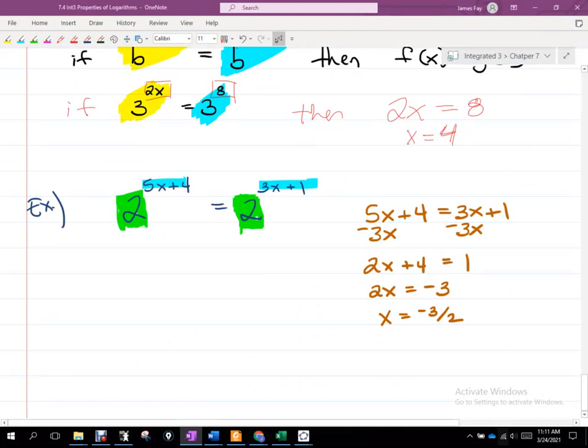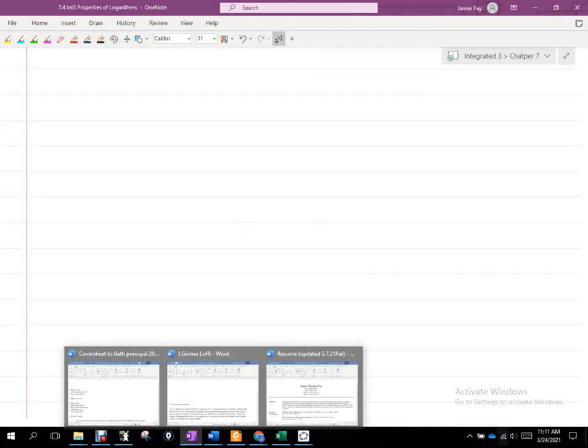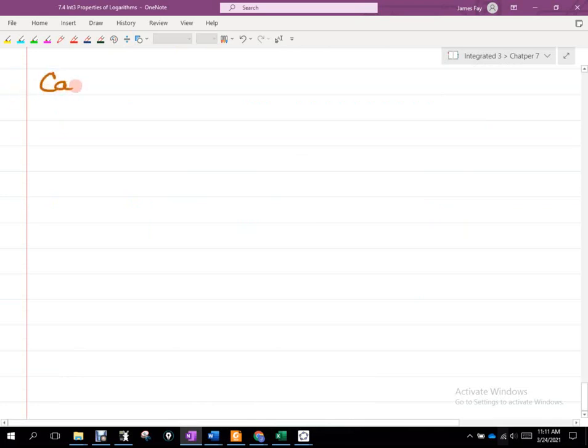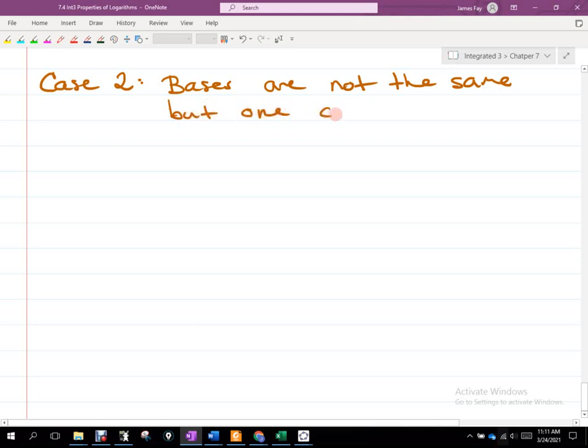Let's do this. Case 2: bases are not the same, but one can be restructured to make them the same.